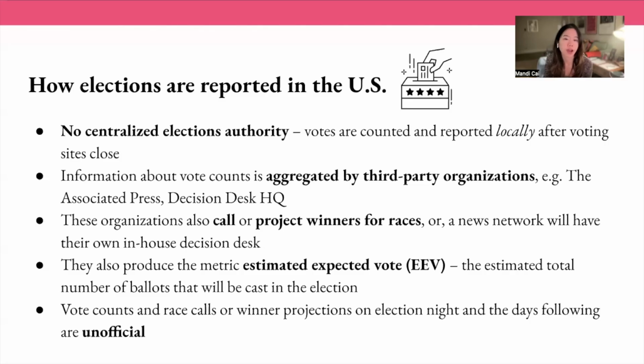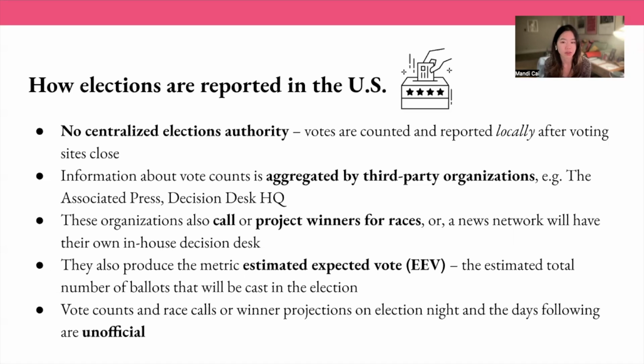A quick note about how elections are reported in the US. There is no centralized elections authority. It's all very decentralized. Votes are counted and reported locally after voting sites close. Information about these vote counts is then aggregated by third-party organizations like the Associated Press, Decision Desk HQ, there are others.